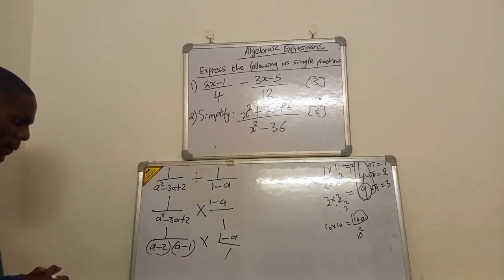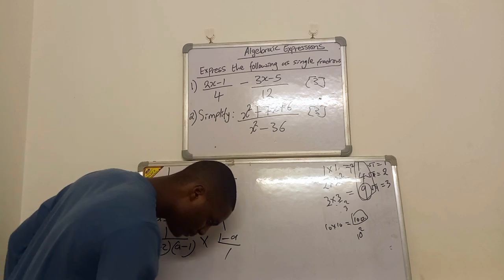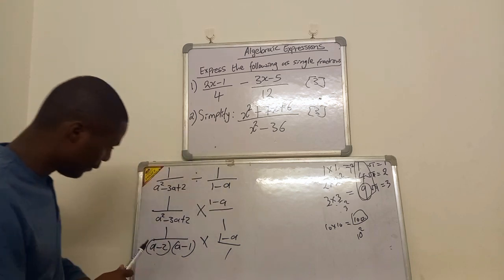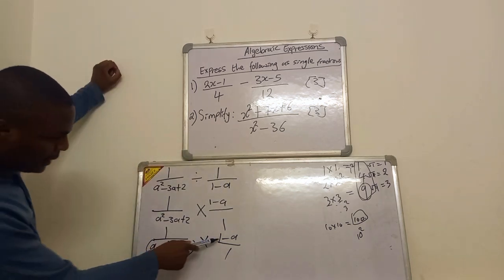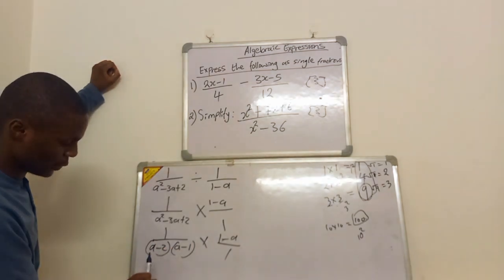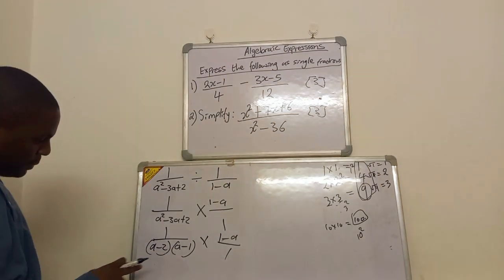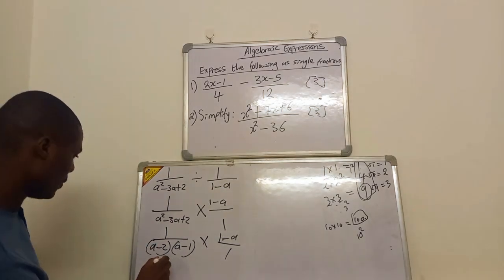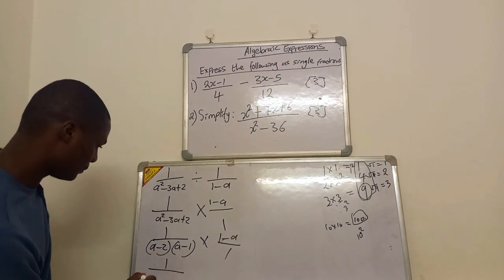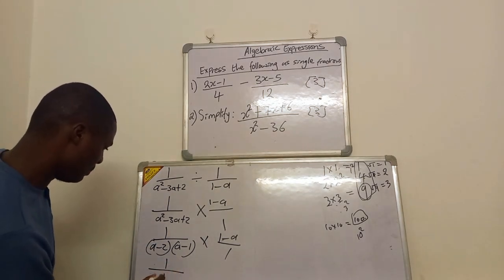So what can I do now? Alright, so I have 1 minus a and a minus 1. I need to cancel out something. So what can I do first? Let me factor out a negative. So 1 over a minus 2 bracket.